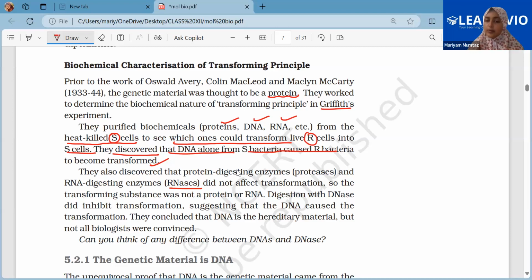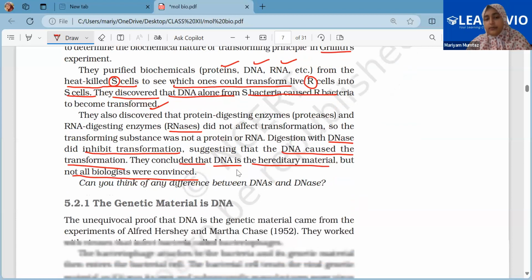When these enzymes were put, nothing happened to the transformation. But when DNase was put, the transformation did not happen. So this suggested that DNA caused the transformation. They concluded that DNA is the hereditary material, but again, not all biologists were convinced at that point in time.